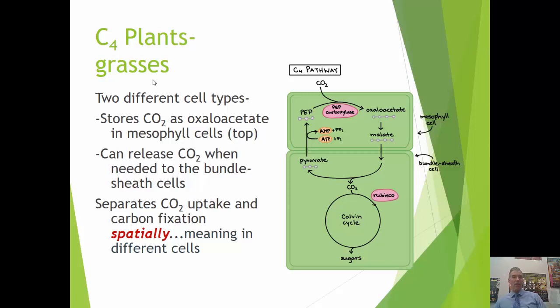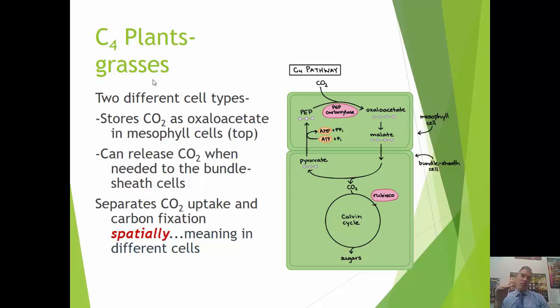In C4 plants, they're going to store CO2 in a separate cell. Okay? They're called mesophyll cells, which are on the top. They're going to store it as an organic acid called malate, and eventually they can take the carbon dioxide off of malate and put it into the Calvin cycle, which happens in a separate cell. So carbon fixation, when it first goes into oxaloacetate and eventually malate, is in a separate pathway. And notice it goes into a 4-carbon molecule. That's why it's called C4.